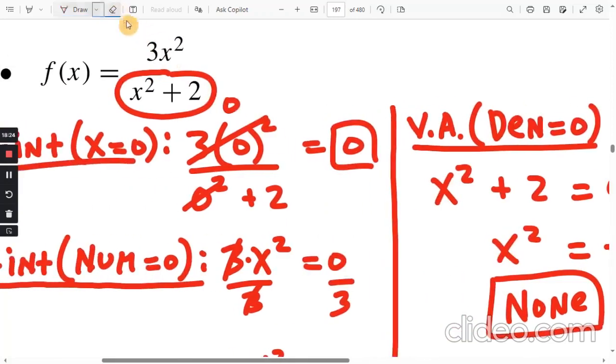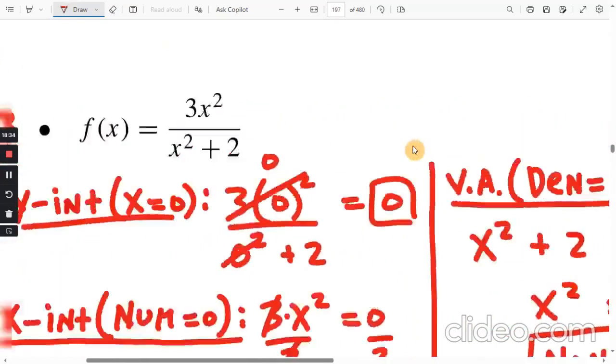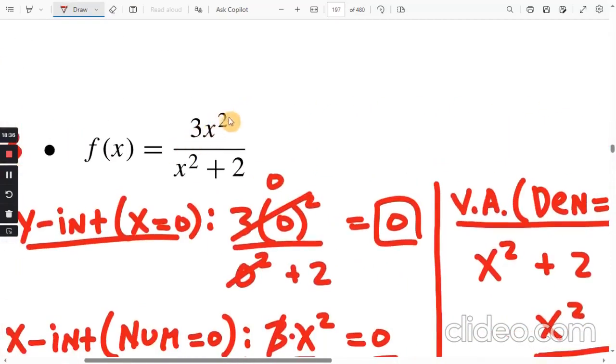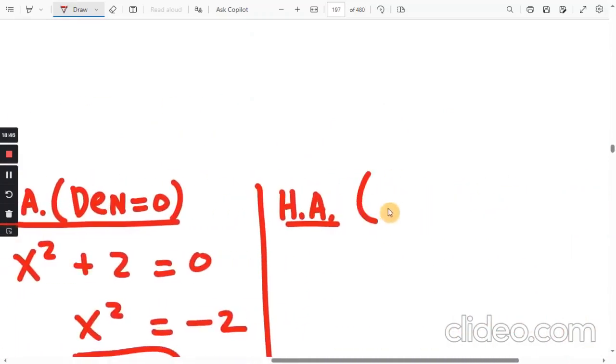Finally, the horizontal asymptote, the HA. What do we have here? The degree of the numerator is what? 2. The degree of the denominator is what? 2. So basically, for the horizontal asymptote, the degree of the numerator equals the degree of the denominator.